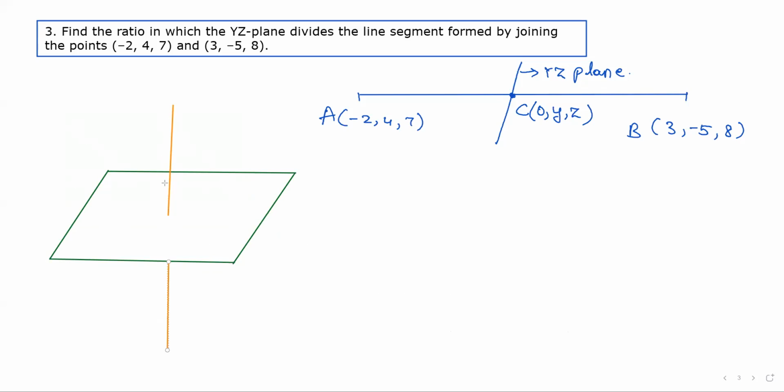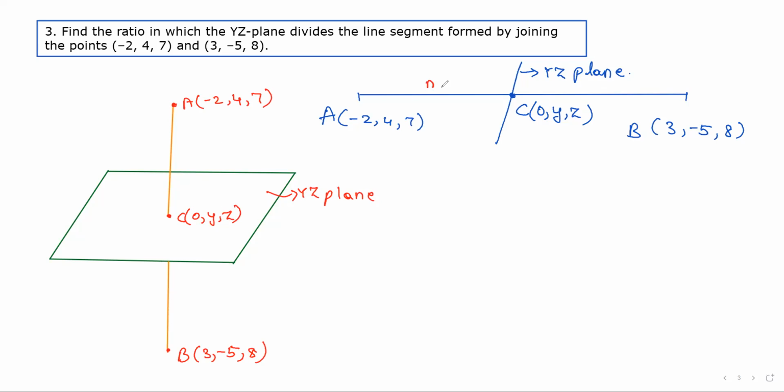We are assuming that it is cutting through this plane at this particular point. The line is meeting the plane at only a single point. Let this be your plane, which is the YZ plane. And this is your point A, -2, 4, 7. And this is your point B, 3, -5, and 8. And this is your point C, 0, Y, Z.